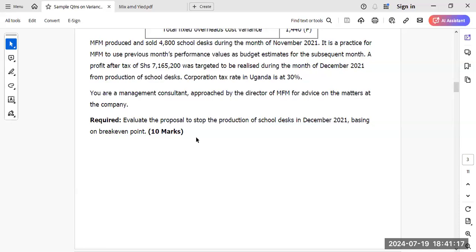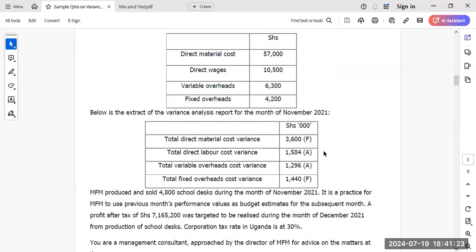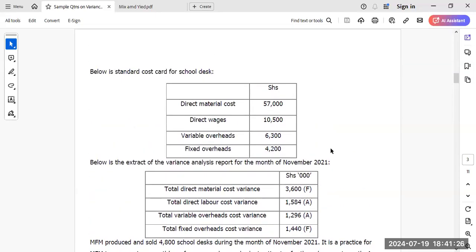So it means that as you prepare to do your papers, you should also be knowing that some of these topics are mixed up. A question may come requiring you to apply knowledge from other topics.